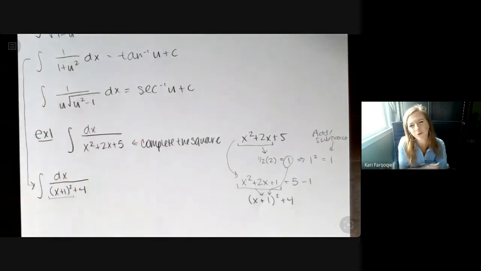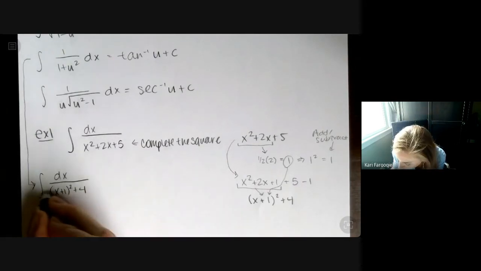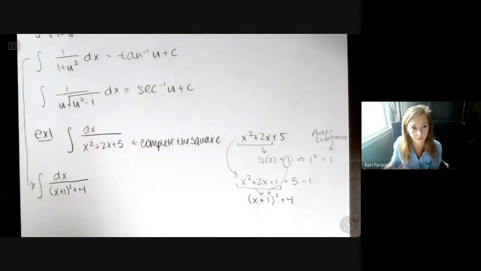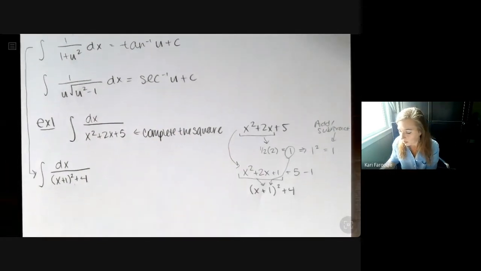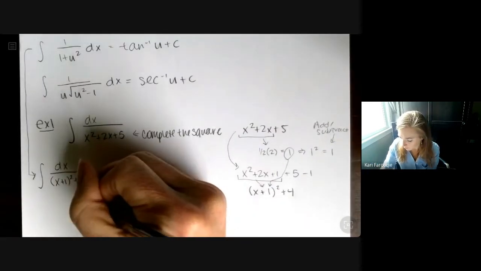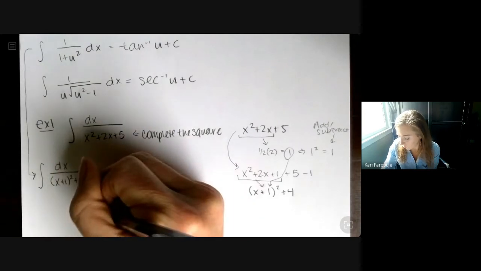Well, you know what? I don't want to write u squared yet because we're actually going to change u as soon as we divide out that 4. But that's essentially what we're doing here. It's just this is going to be our variable term squared, and this will be, we're going to turn it into a 1. All right, so I want to match this form. So I'm going to make this a 1 to match the inverse tangent form.